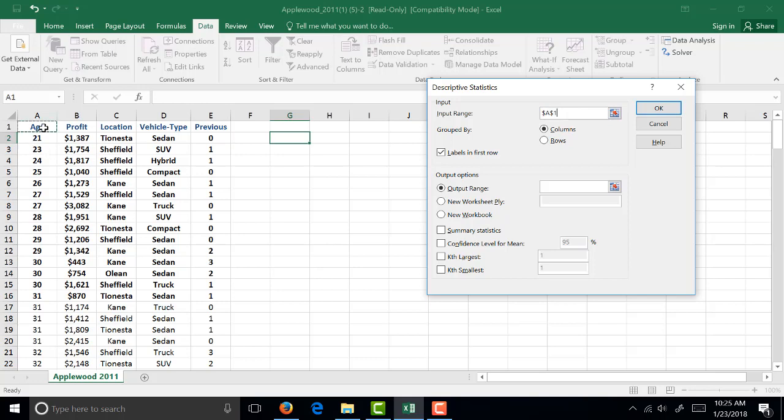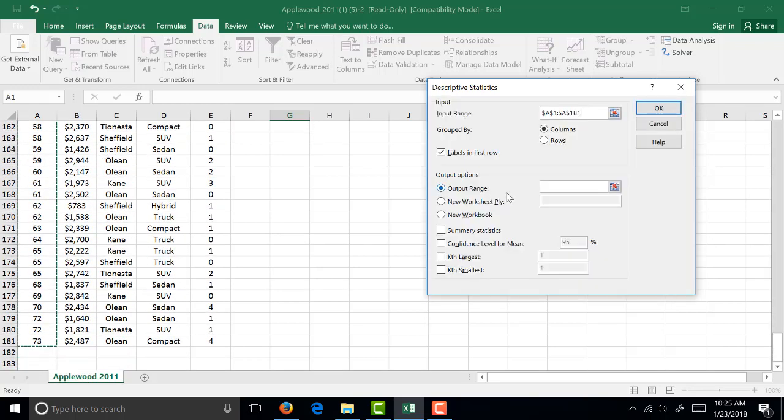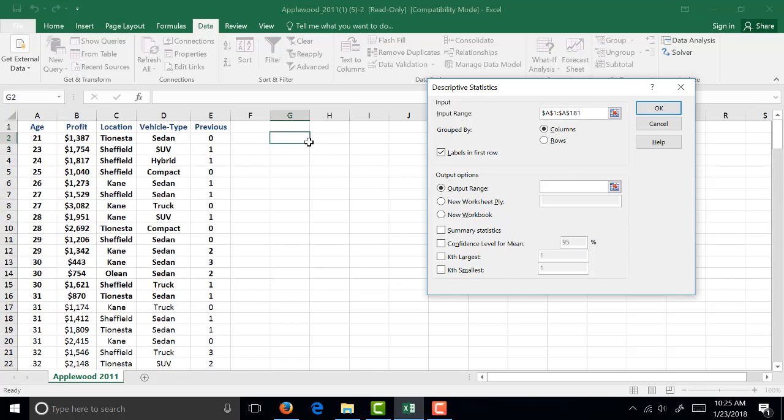So I actually want to go back and select my input range, and now I'm going to go back to my output range, click in it, and then go to that G1. So G1 and summary statistics, and I'm going to click OK.